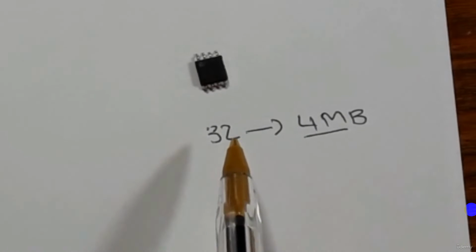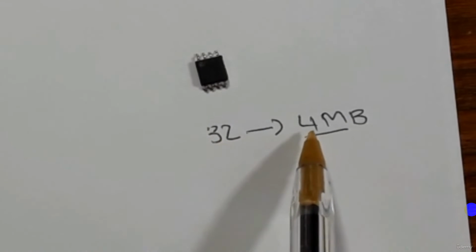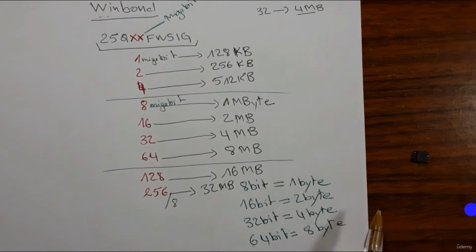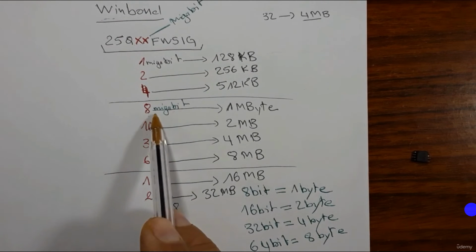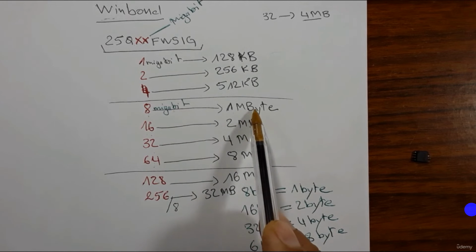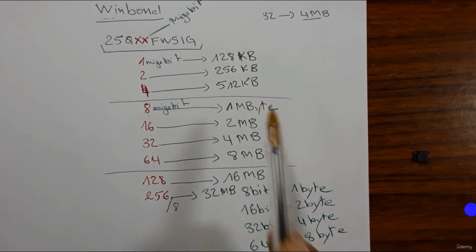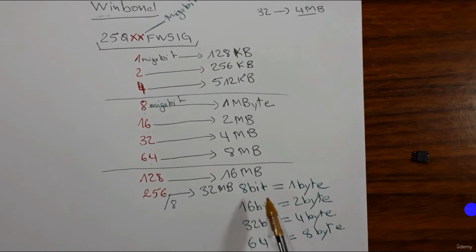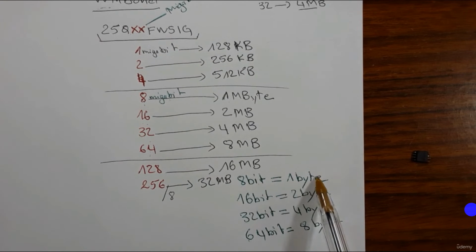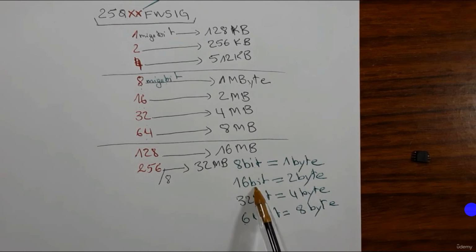I will show you how I calculate this 4 megabytes, okay? So 8 megabit equal 1 megabyte. Why? Because 8 bit equal 1 byte. So 16 bit will equal 2 byte, 32 bit will equal to 4 byte, and 64 bit will equal to 8 byte.